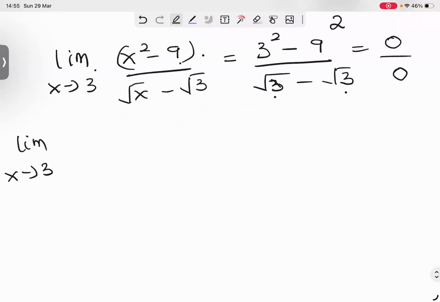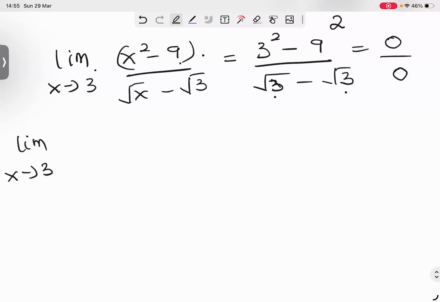And so you notice that I have a combination of these two kinds of functions. To simplify polynomials, we use factorization. But the denominator I have is a surd. Therefore, the technique we are going to use here is both factorization and rationalization.